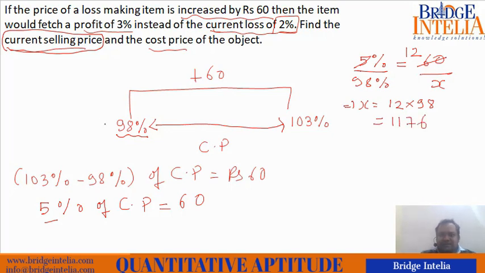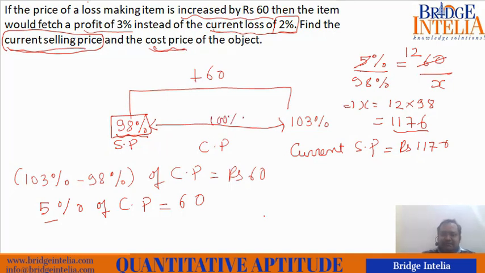So 1176 means the current selling price. So current selling price is equal to 98%, and that 98% when translated into money comes out to be rupees 1176. The second part, cost price. Cost price means 100% of your investment.